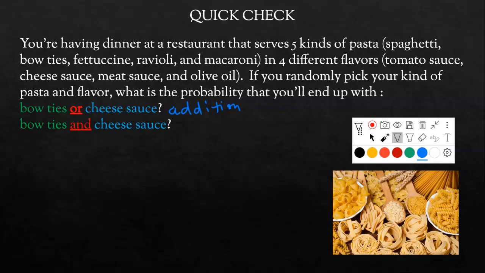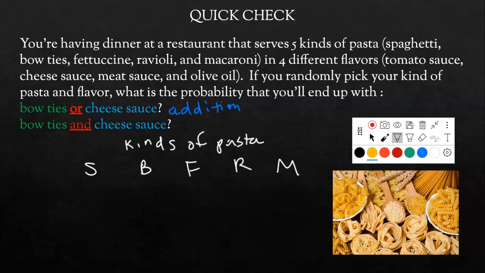So first what I want to do is draw a table to organize my probabilities. In the other video, I showed a tree diagram, and in this one, I'm going to use a chart. So let's put the kinds of pasta on one side of my chart: spaghetti, bow tie, fettuccine, ravioli, macaroni.